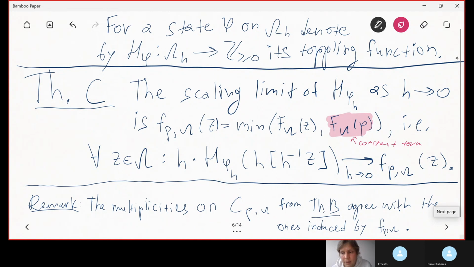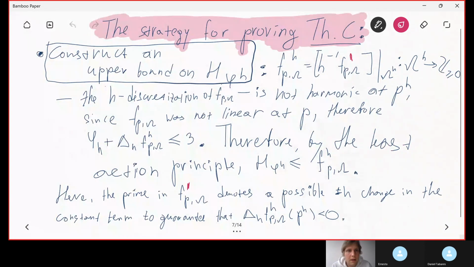Okay, so here is the plan. The strategy for proving theorem C. And actually this plan is quite detailed, so you don't need much more than that. First you construct an upper bound on the toppling function. And this upper bound is very easy. You basically do the discretization of the limiting tropical polynomial, tropical series.